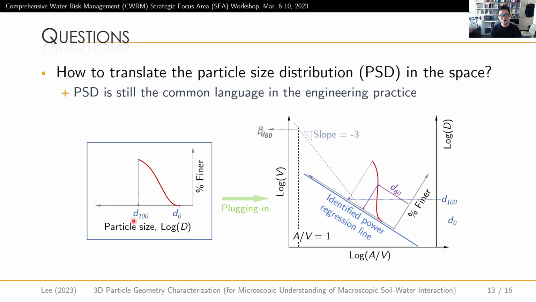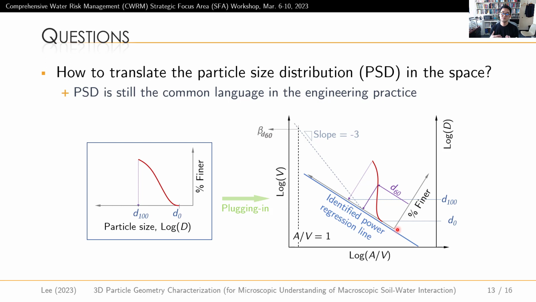By using the particle sizes D0 and D100 as a guide, you can simply rotate and plug it into this new space, because we have information of size, as you can see here on the vertical axis. But that has to be after we identify the power regression line from the sampling. So we rotate and put it on top of this power regression line. We have D0, D100, and a slope, so that will not be a problem.